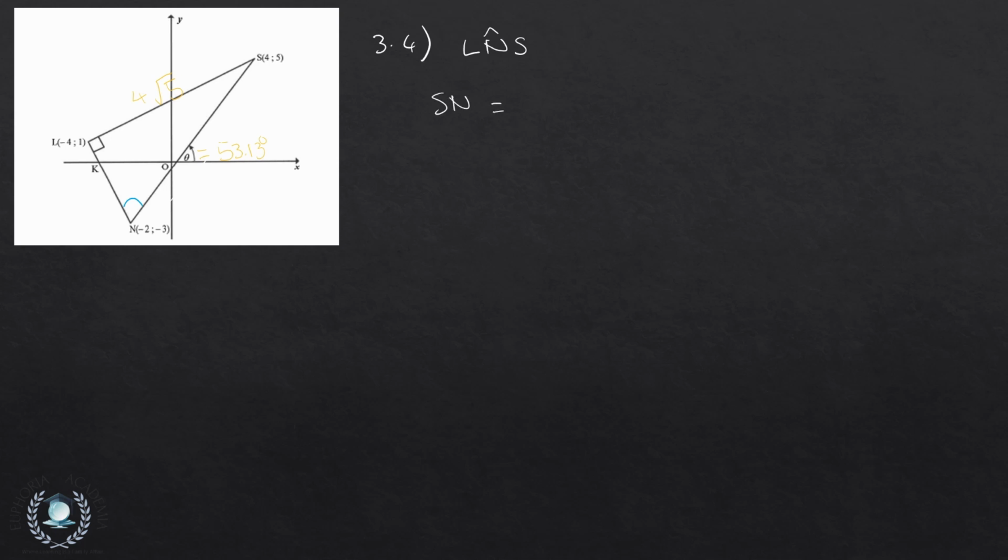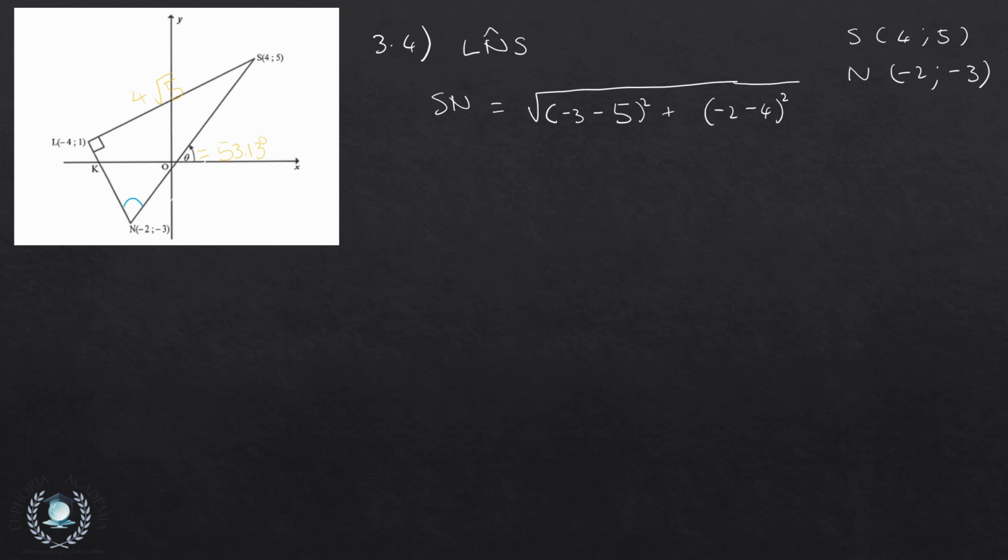So SN is equal to the square root of, I'm just going to substitute in, minus 3 minus 5 squared plus minus 2 minus 4 squared. Just to be clear, I'm using the following coordinates. S was 4 and 5, and N was minus 2 and minus 3.